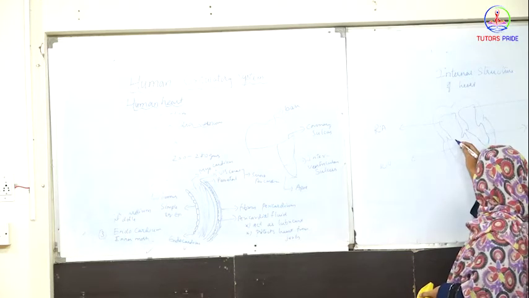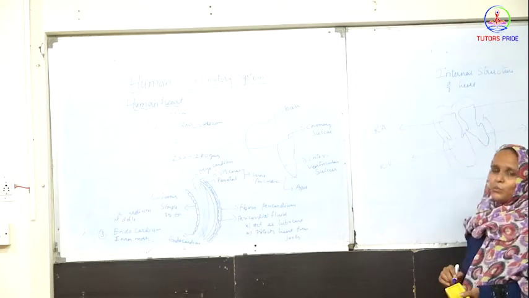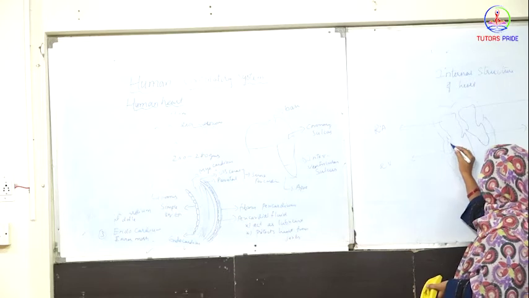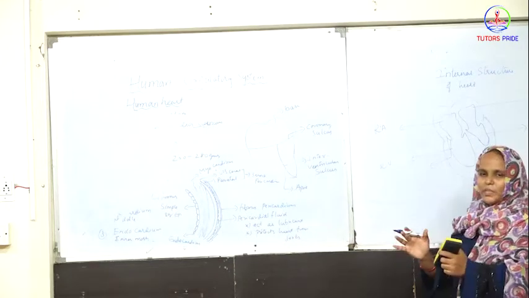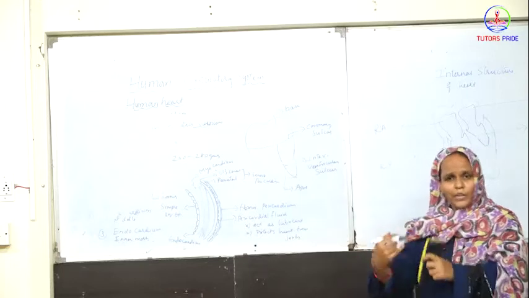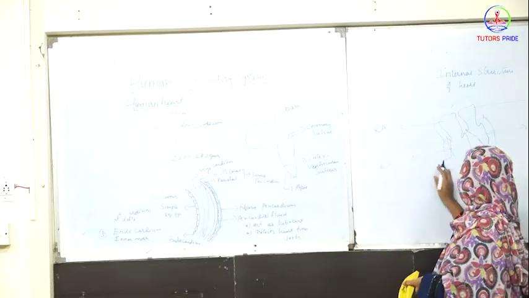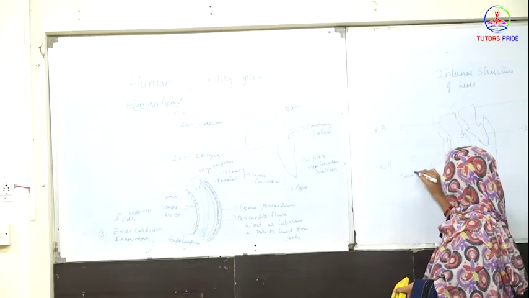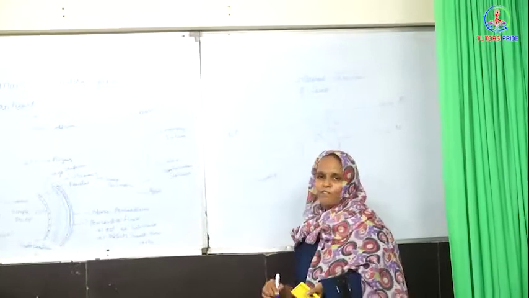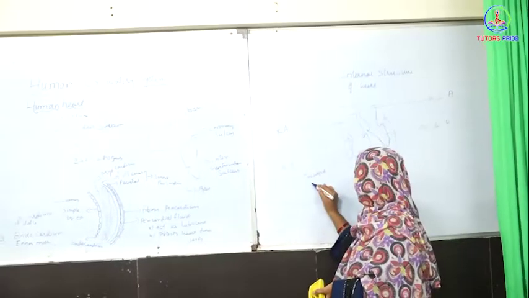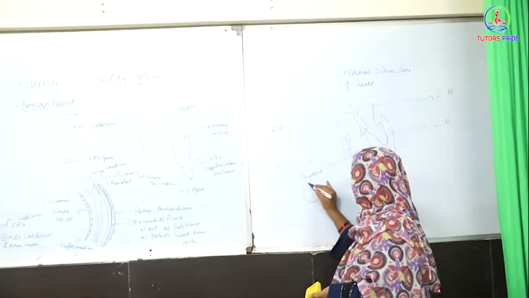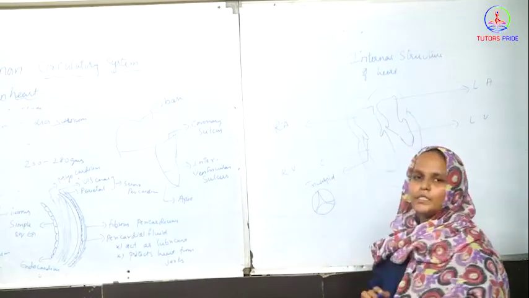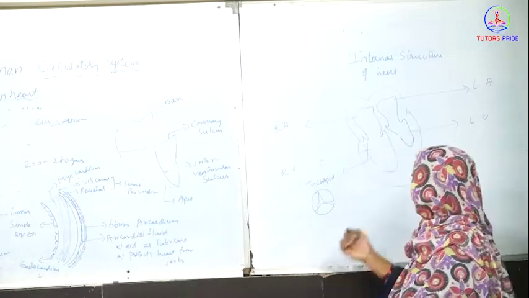Here we will be having the valves. In between the auricles and the ventricles, we have valves. The valve present between the right auricle and ventricle is the tricuspid valve, as it has three cusp-like structures.